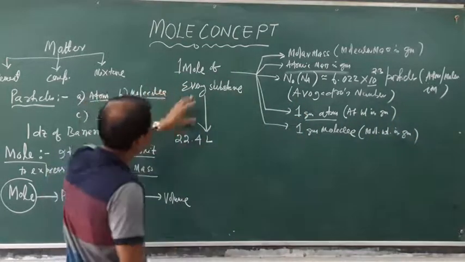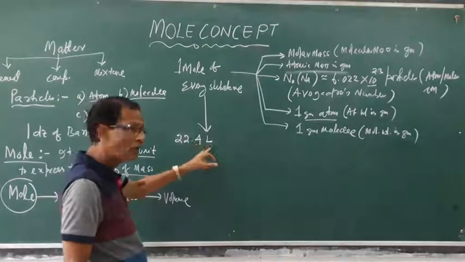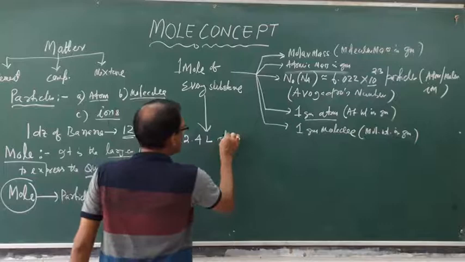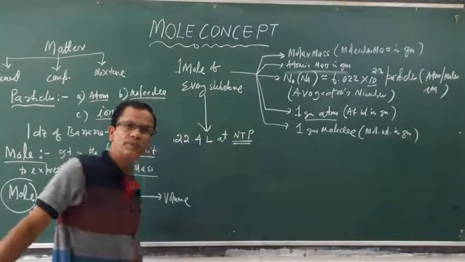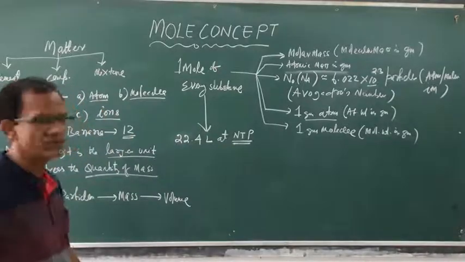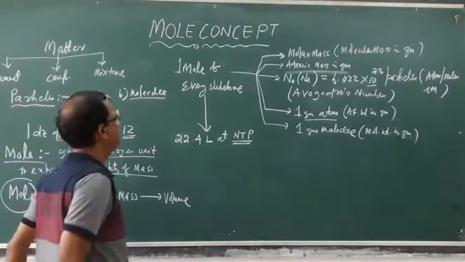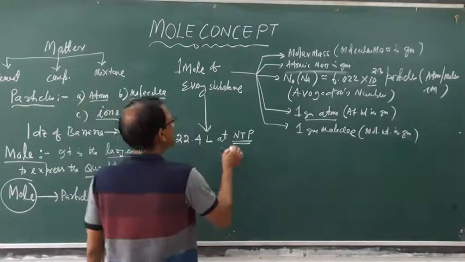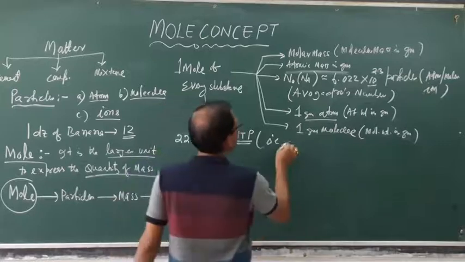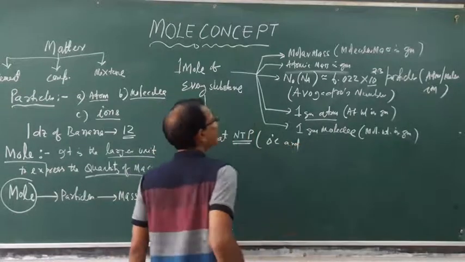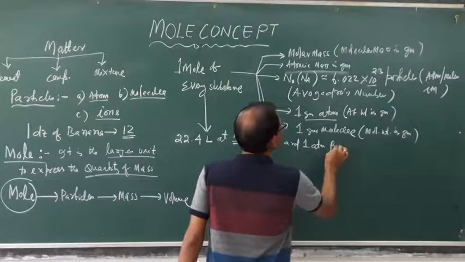1 mole of every substance is equal to 22.4 liters at NTP. NTP means normal temperature and pressure, also called STP, standard temperature and pressure. That is 0 degree Celsius and 1 atm pressure.